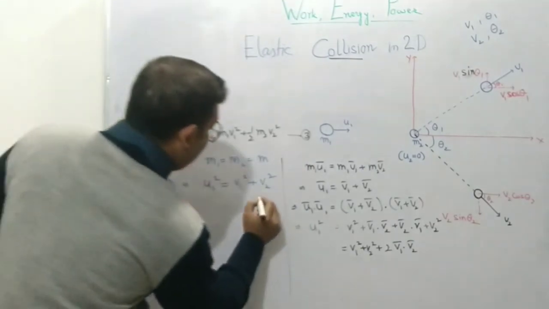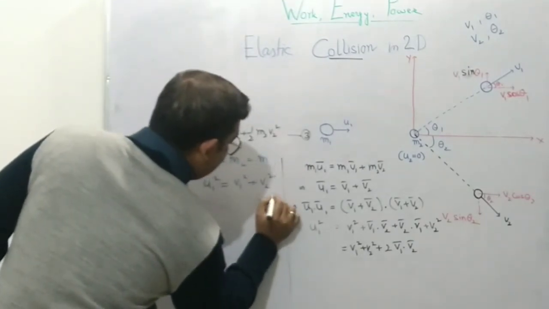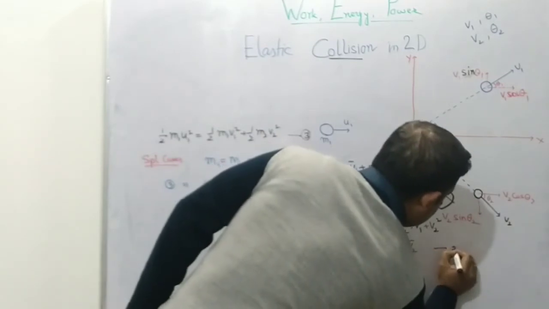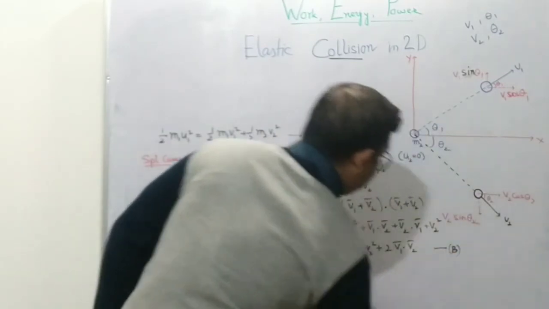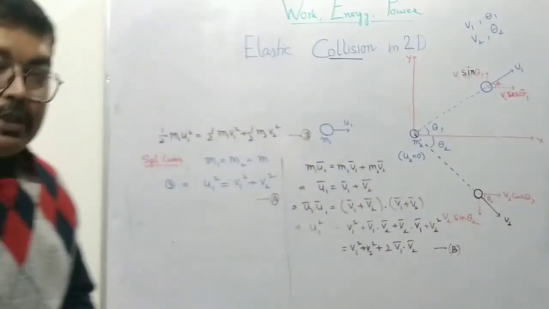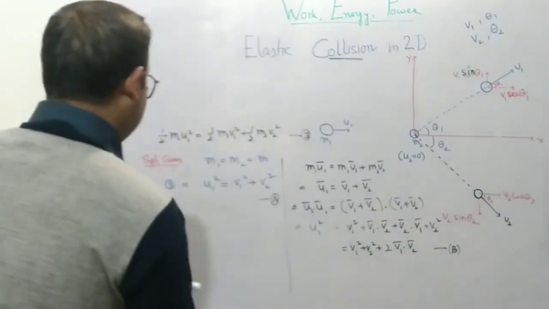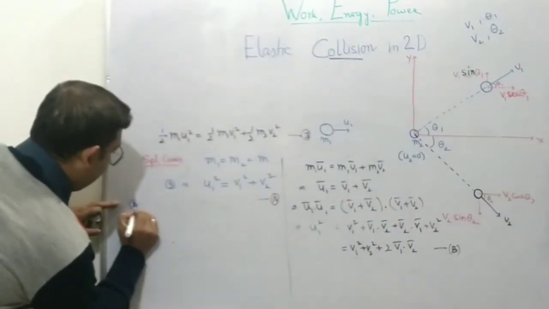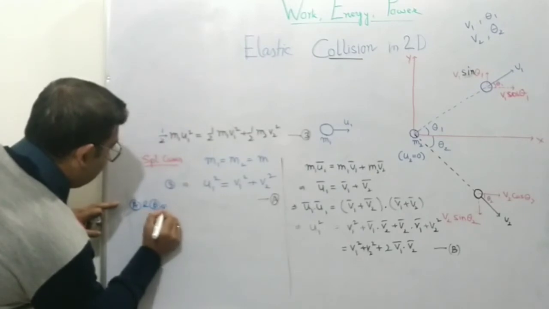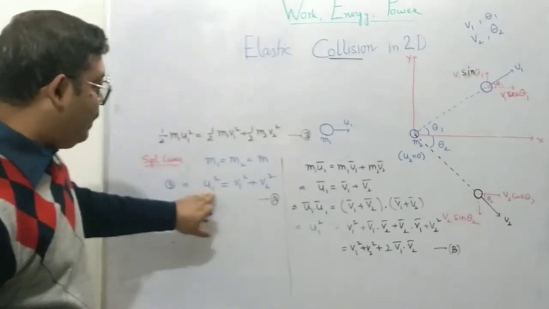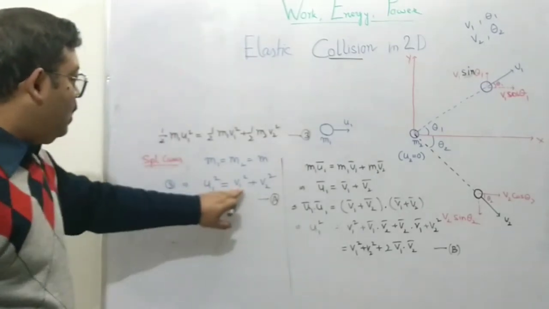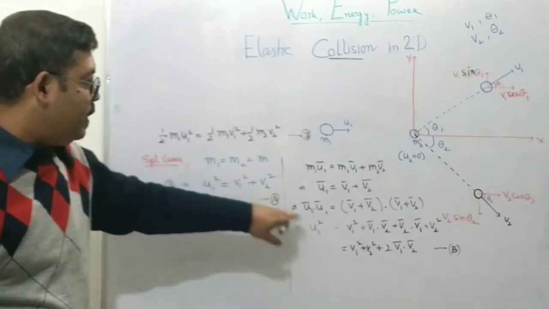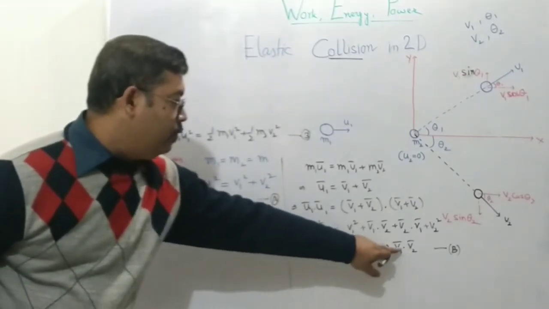Okay, now if I say this equation is equation number A and this is equation number B, then from equations A and B, what do we get? Left hand sides are equal, right? So U1 squared equals V1 squared plus V2 squared, and U1 squared equals V1 squared plus V2 squared plus 2 V1 dot V2.